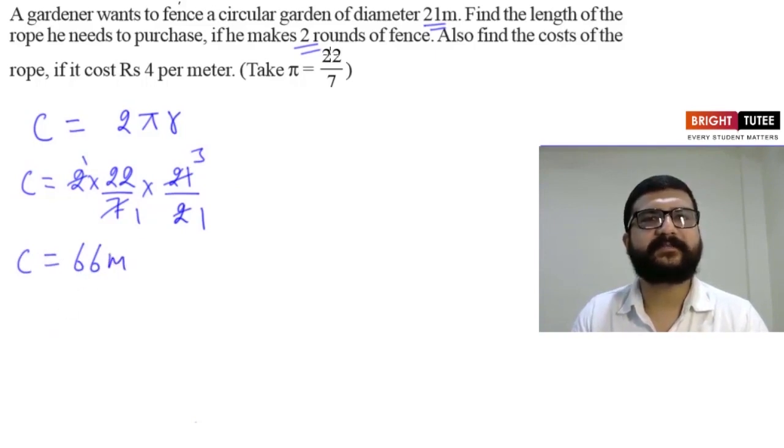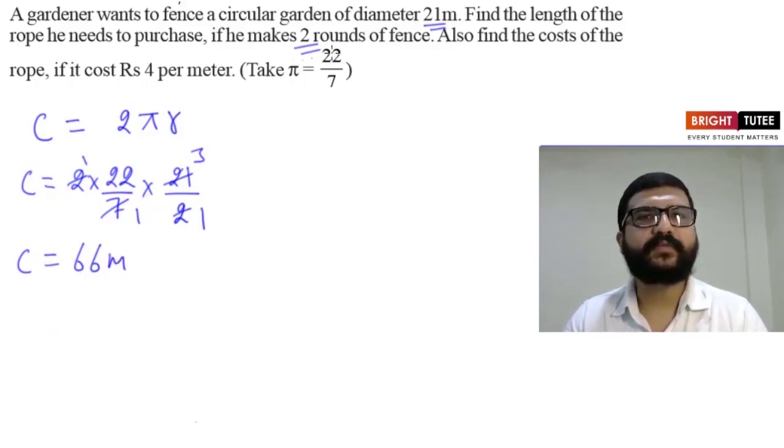This is the circumference. Now what we have to find? We have to find length of the rope he needs to purchase. So length of the rope should be equal to 2 times of the circumference, as he makes 2 rounds of the fence.